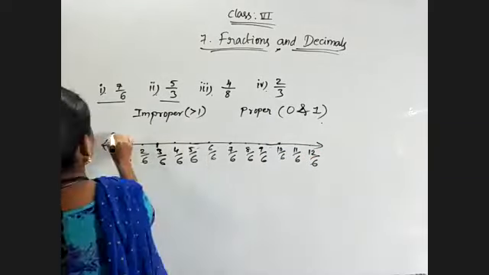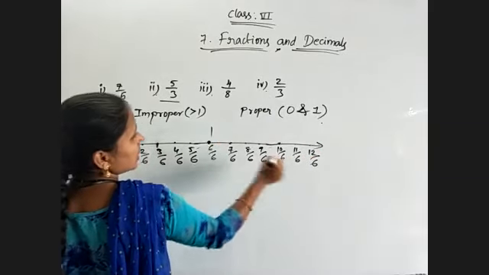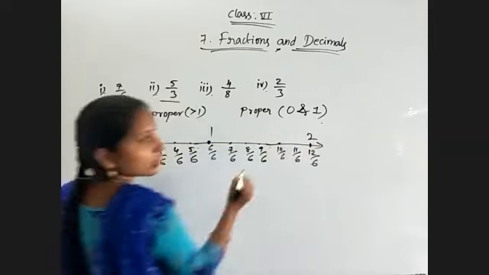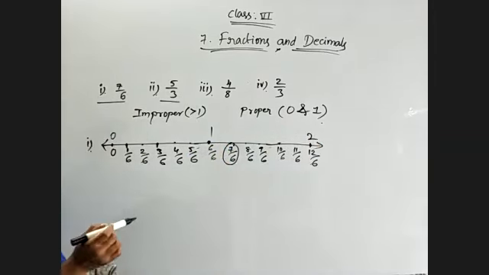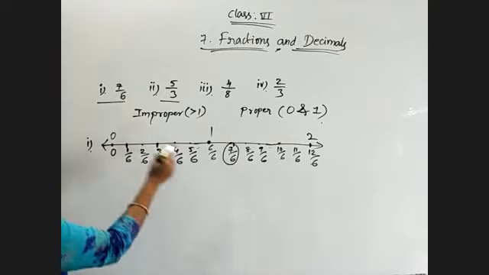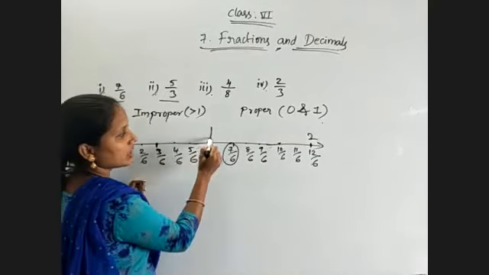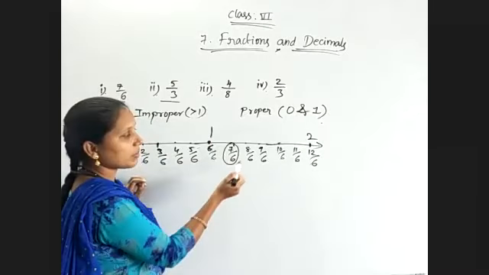From 0 to 1, a total of 6 equal parts are divided. Here 6/6 is 1 and 12/6 is 2. We need to represent 7/6. Because it is improper, it is lying on the number line more than 1.